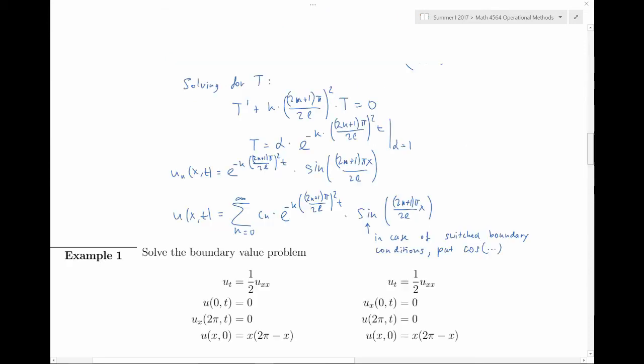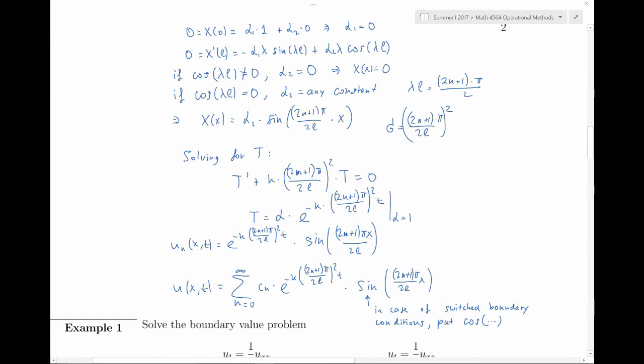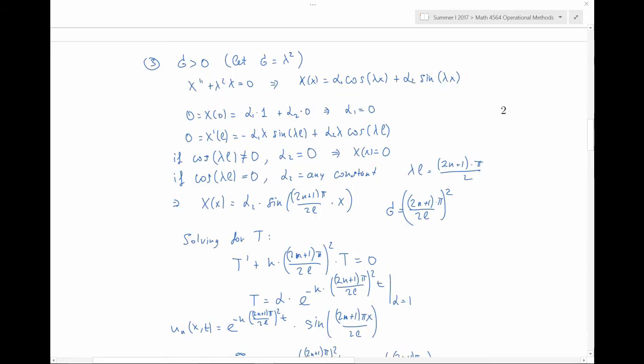Because quite frankly, we realize that we have to have a sine quarter period series only when we applied the boundary conditions for a function X. And had we had the X prime at 0 being 0, we would realize that it's the constant alpha 2 that has to be 0.